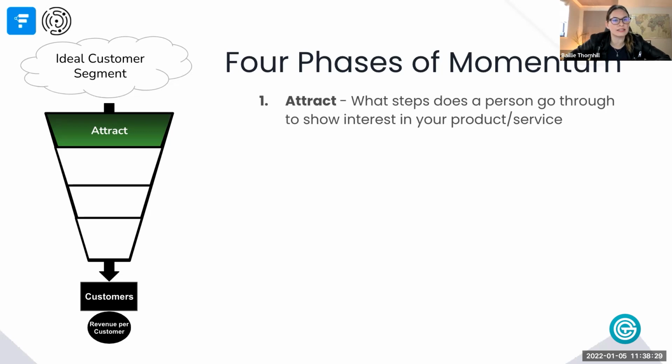Are they consistently attending your lives? Are they commenting on your posts? Are they showing up on your webinars, your trainings? Do they opt in for your email? Do they open your emails? All of these top of funnel activities are evidence when someone is approaching the ready to buy stage.